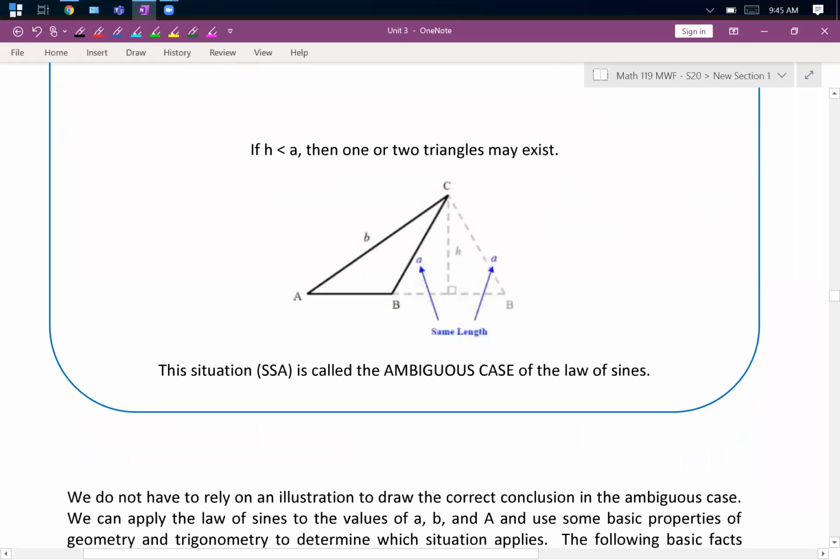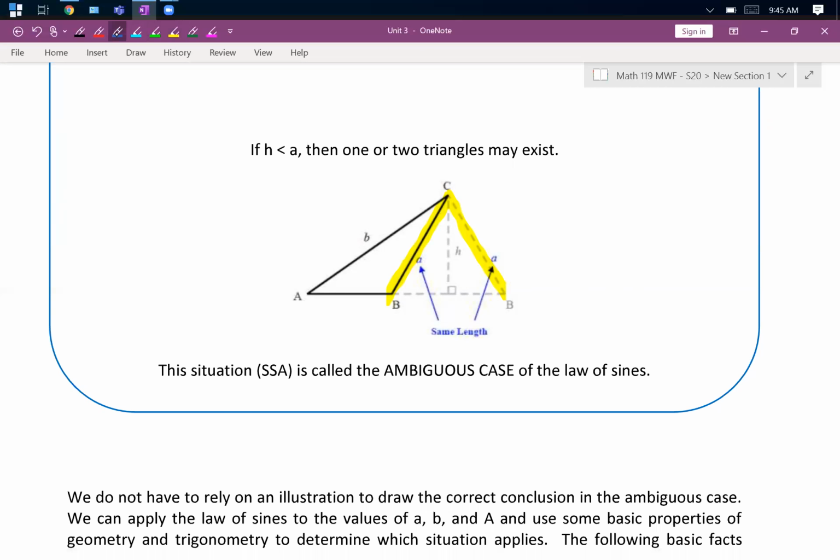Next, we're going to talk about what happens when that side a is larger than the height. If the side a is larger than the height, then we might have 1 or 2 triangles, because this side a, maybe it swivels this way, maybe it swivels this way. You'll notice it has the same length, but it's able to swing in 2 different positions.